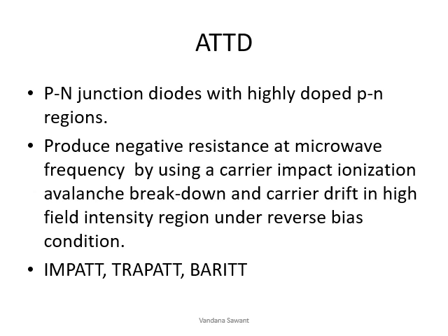Avalanche transit time devices are proper PN junction diodes with highly doped P and N regions. Many times, between the P and N regions, intrinsic regions are also present, which we are going to see later. They produce a negative resistance at microwave frequency by using carrier impact ionization, avalanche breakdown, and carrier drift in the high field intensity region under the reverse bias condition.